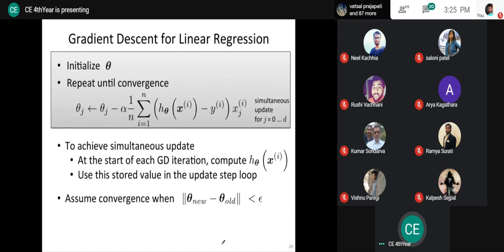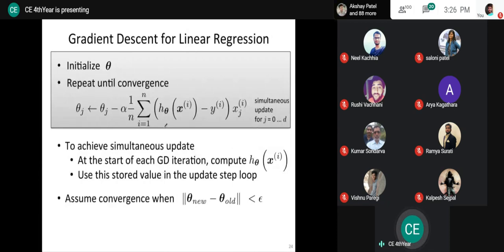So this slide we have already discussed. You should not update individual theta values. Rather, you should update all the theta values together. And what does it mean? In the calculation, we are actually using the previous theta value.